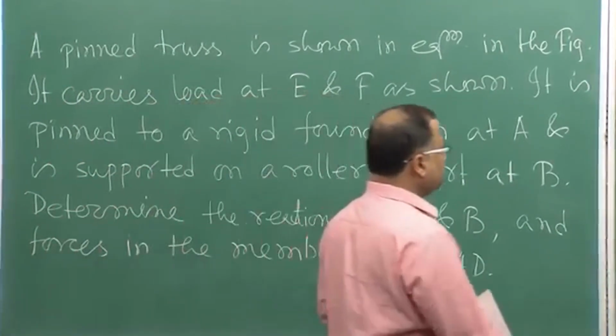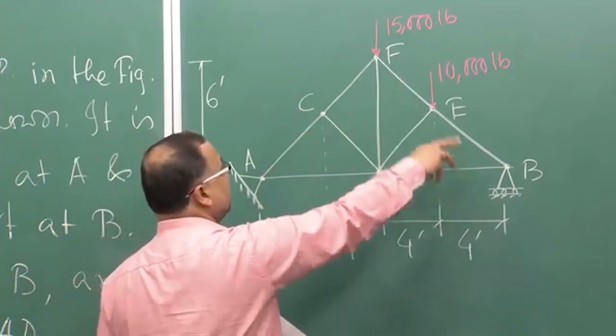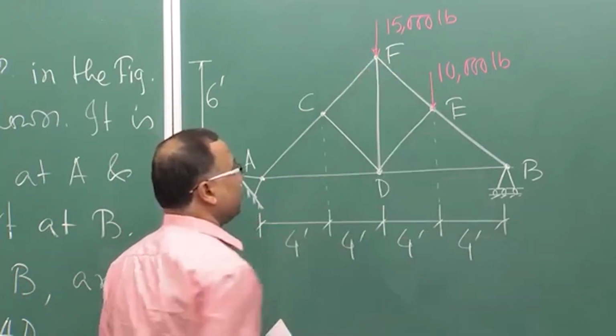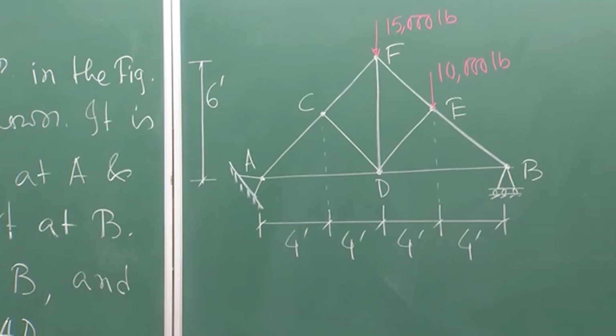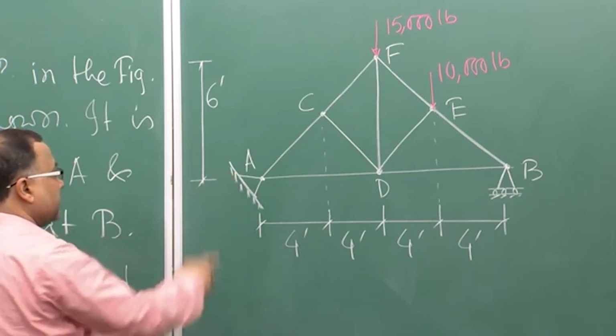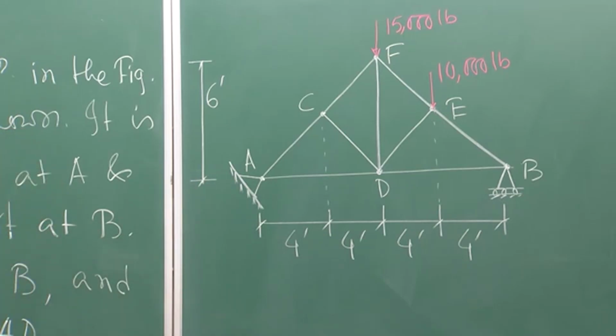These are all joints A, B, C, D, E, F, and this truss is supported at two supports. One is at A, that is the hinge support or pinned support as given in the problem.